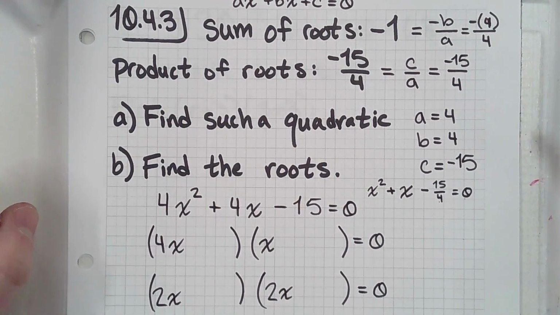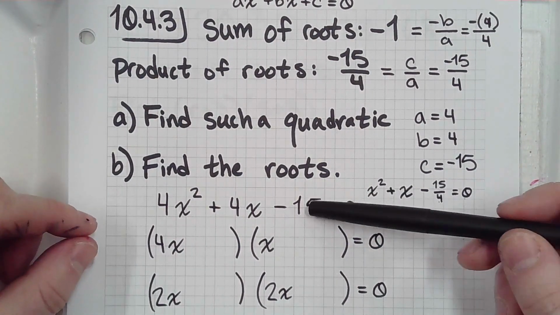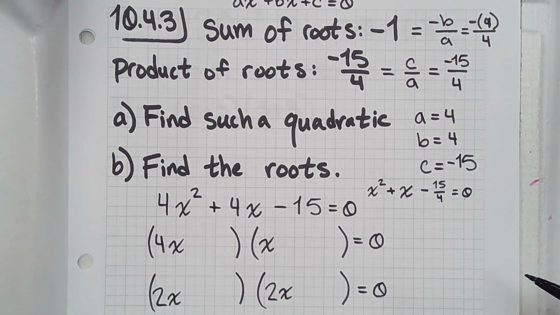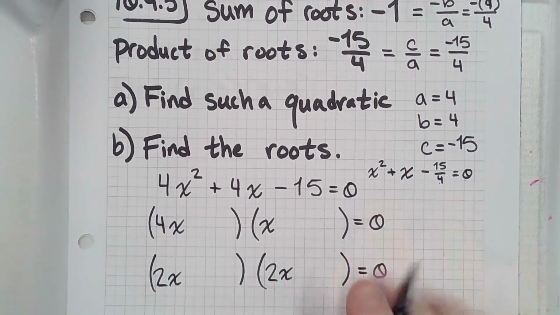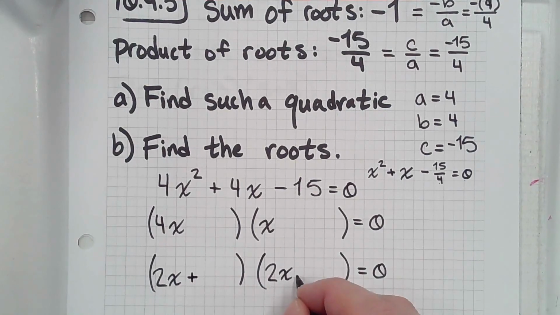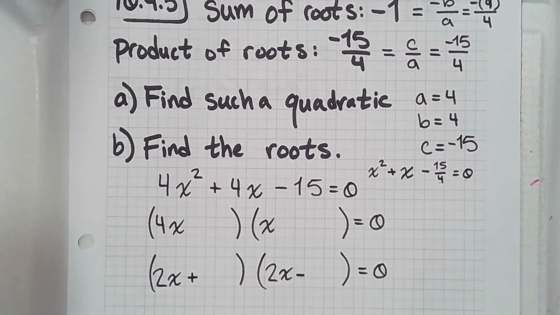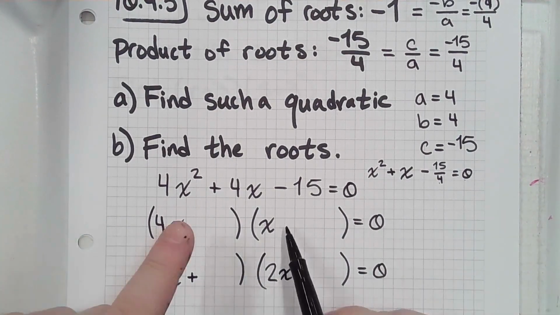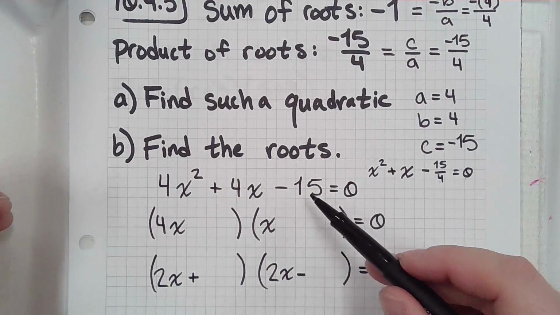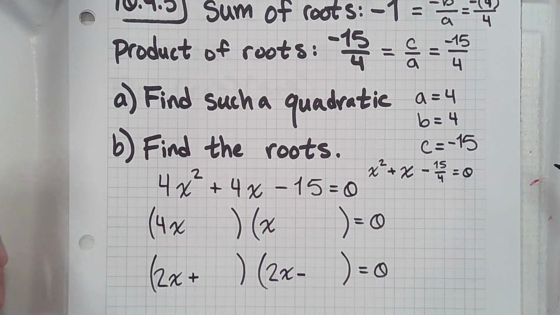But let's play around with it for a bit. We need numbers that multiply to -15, so we're going to need a positive and a negative. We said this one's the one we think it's going to be, so I'll try that. Doesn't matter where I put the plus or minus since they're both 2's here. And 5 and 3 or 15 and 1 are kind of the numbers I need.